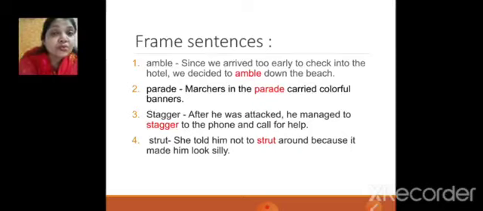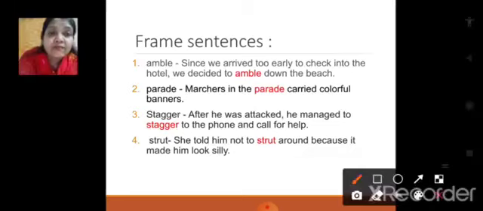And children, it's going to be your home assignment. Now your first word is amble. Now what do you mean by amble? As per the dictionary, it means walk leisurely, right? So we can frame the sentence stating that since we arrived too early to check into the hotel, we decided to amble down the beach.